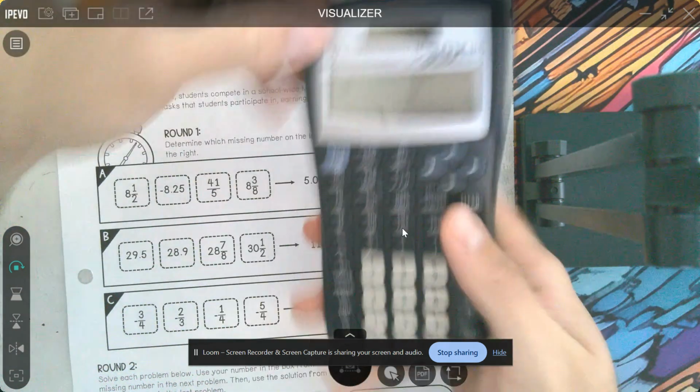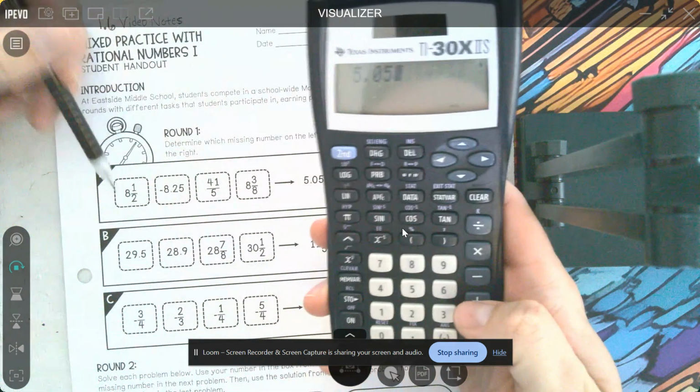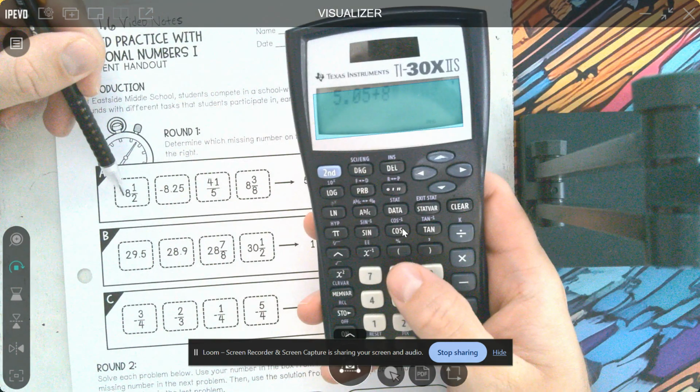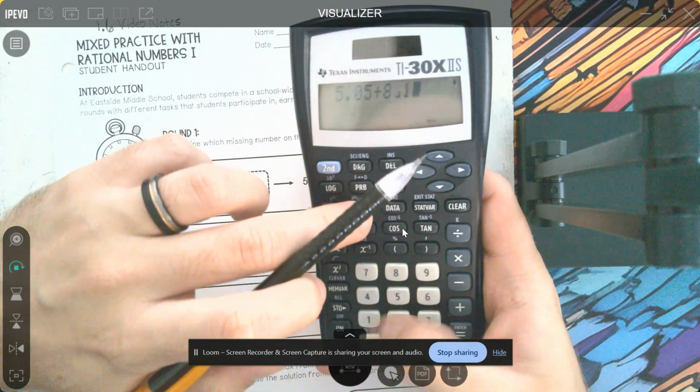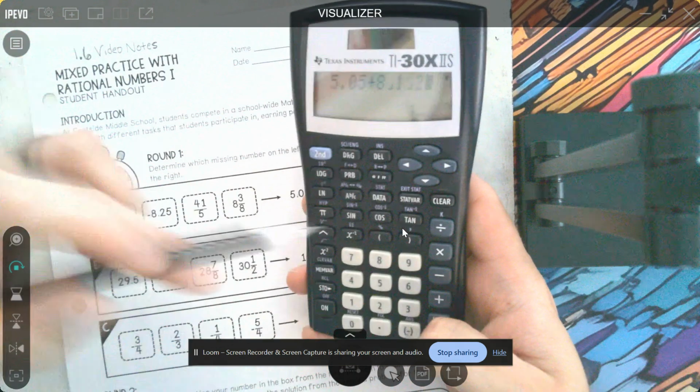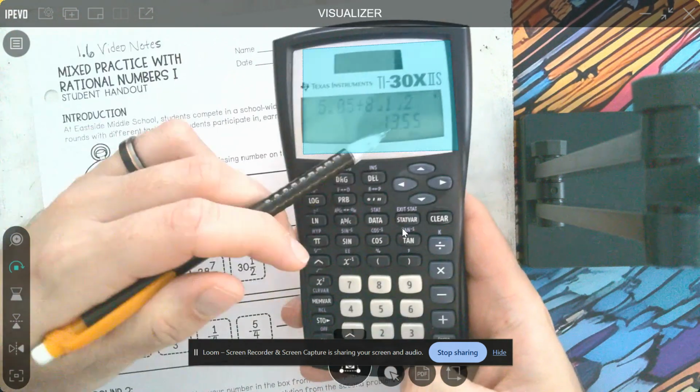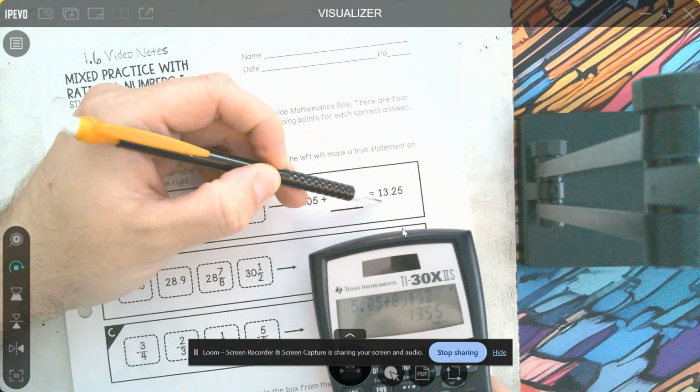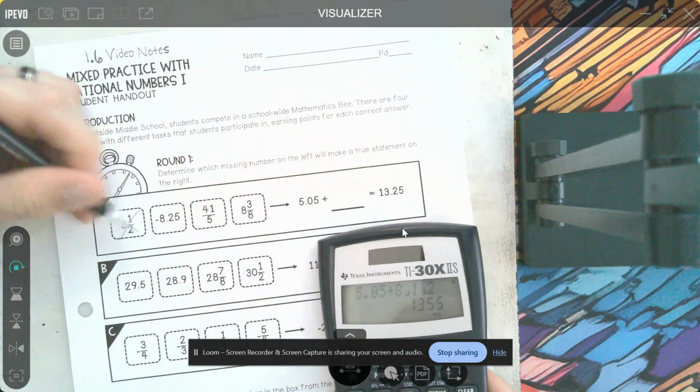So let's check. 5.05 plus 8 1/2, and you get 13.55. Is 13.5 the answer? Nope, so it can't be that answer.